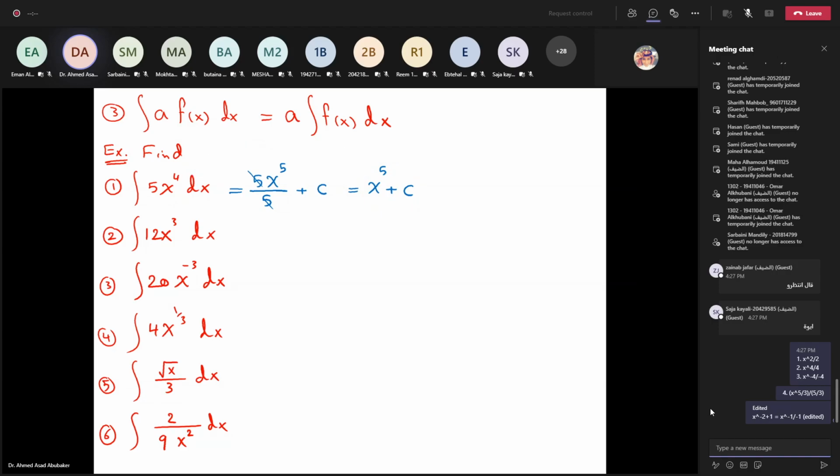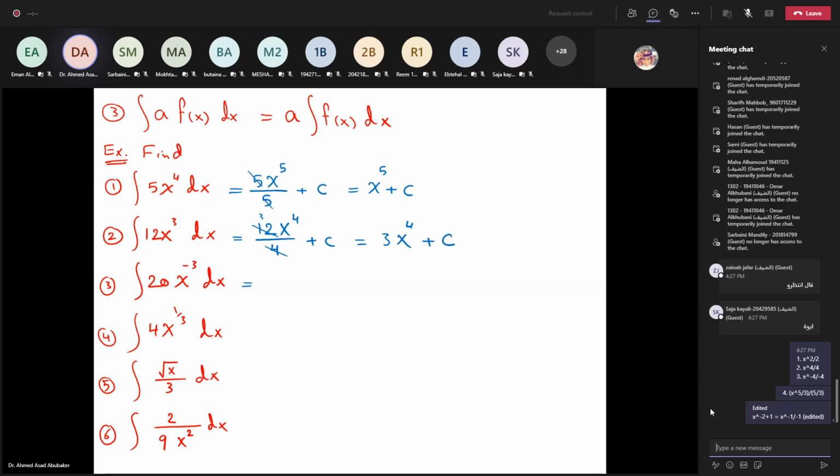Okay. Now we have 12 as it is. The integral of x to the power 3 equals x to the power 4 over 4 plus c. After simplifying, we can remove 4 with 12, and we have 3. So we have 3x to the power 4 plus c.